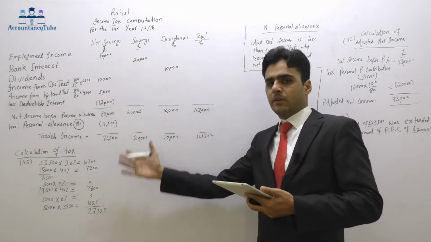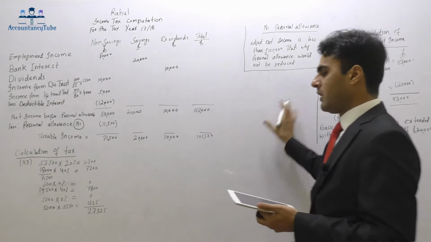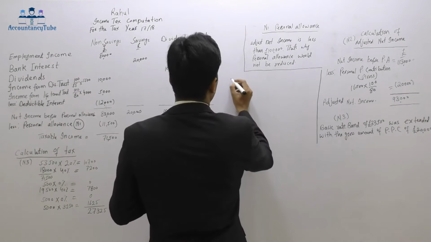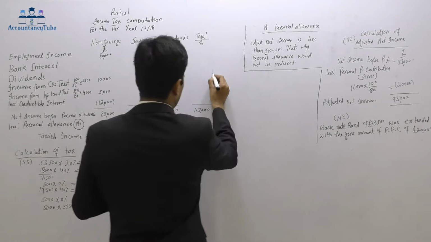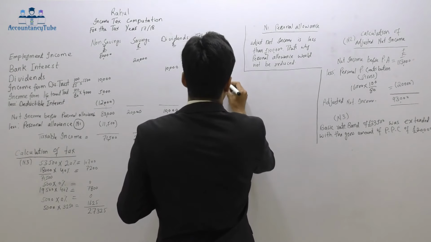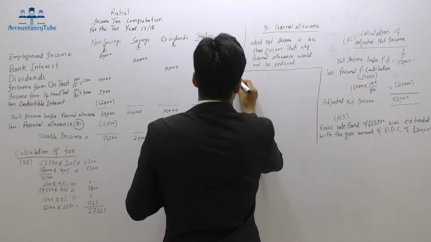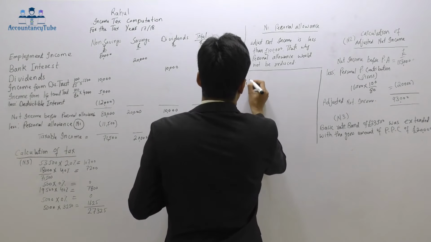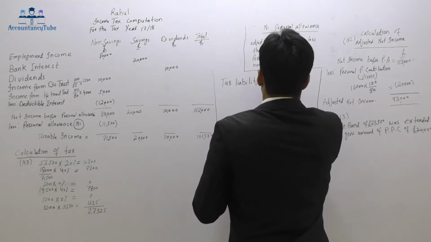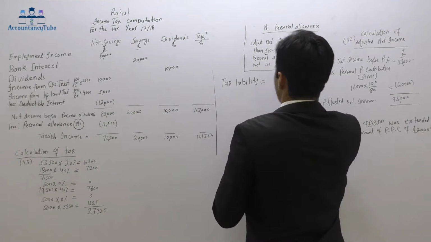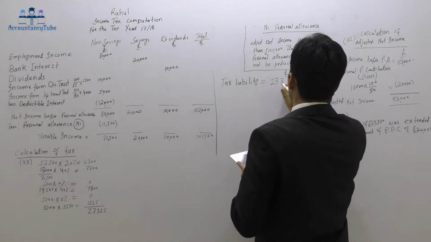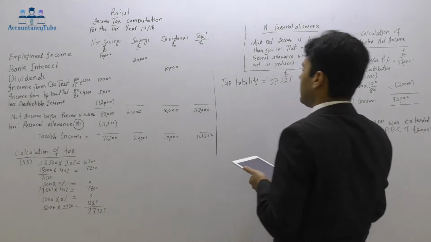Because there is not enough space beneath that, I'm writing it down here. I'm running out of ink in the marker as well. So tax liability is how much? 27,325, that is my tax liability.